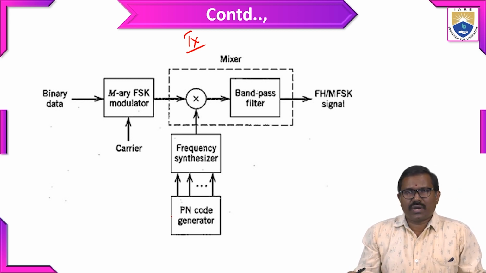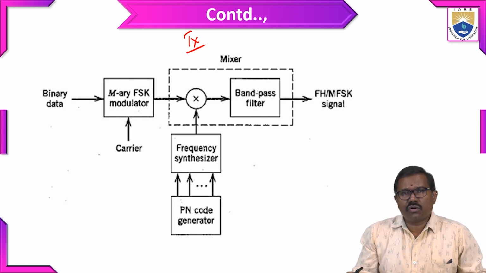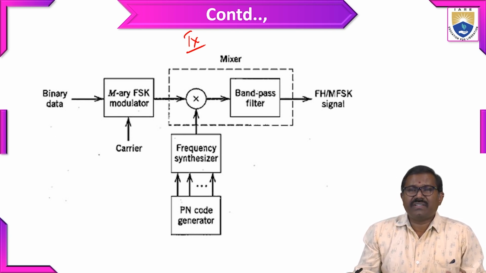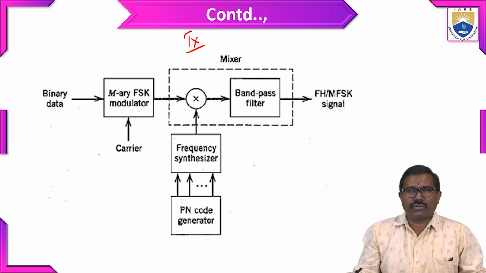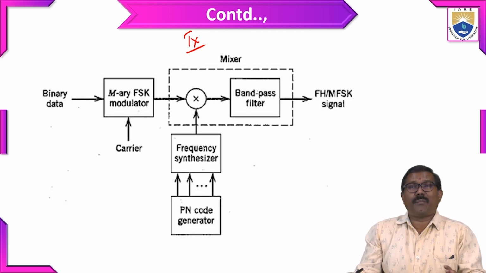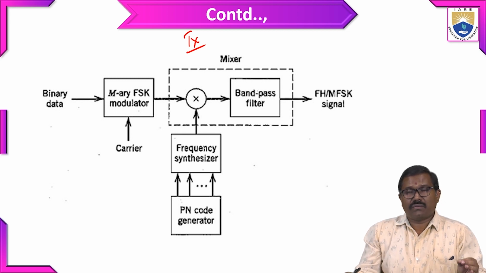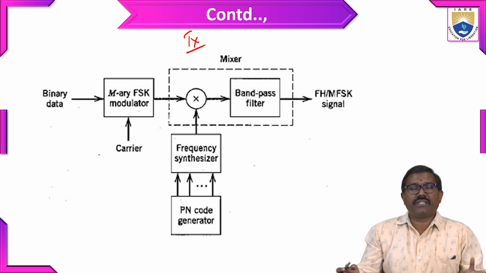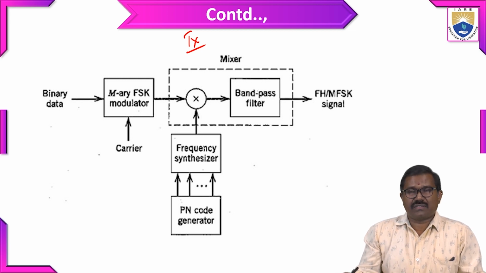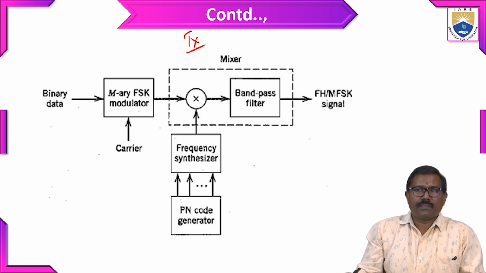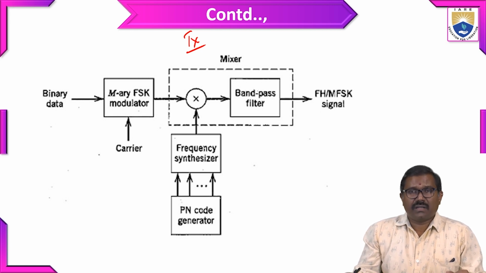By using the pseudo noise code, the frequency synthesizer produces the signals. First, let us know the principle of the frequency synthesizer. The frequency synthesizer is a circuit which produces a range of frequencies by using a reference frequency signal. By using one reference frequency signal, it generates a range of frequencies. The output of the frequency synthesizer is applied to the mixer.